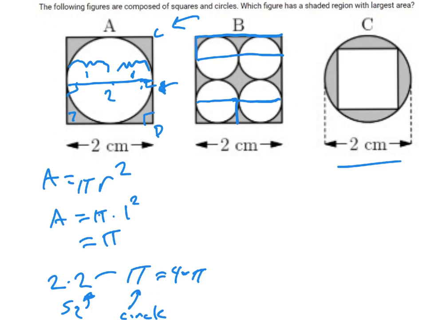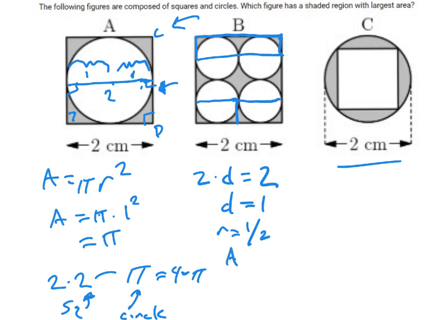We can prove it. These lines are parallel, which means that their distance has to be the same, which means that 2 times the diameter of one of those small circles has to equal the square side length, which is 2. So the diameter of one of those circles is 1, which means the radius is 1/2.